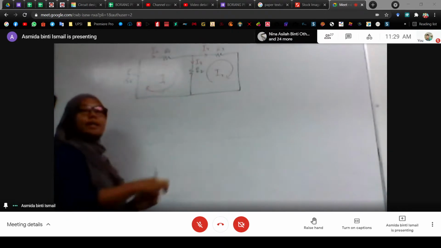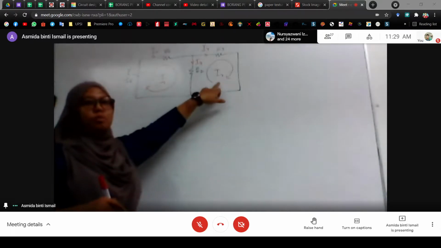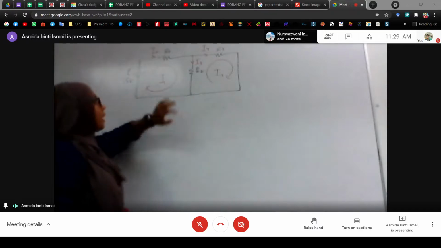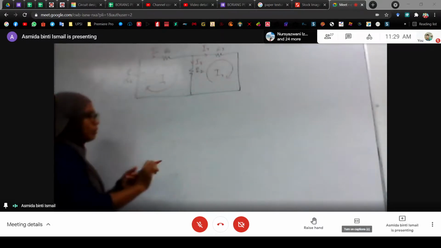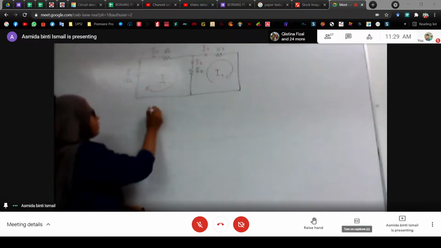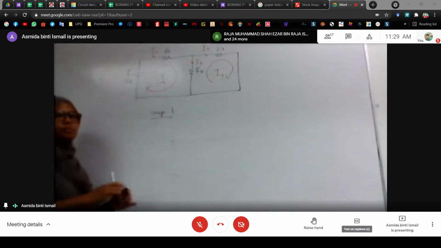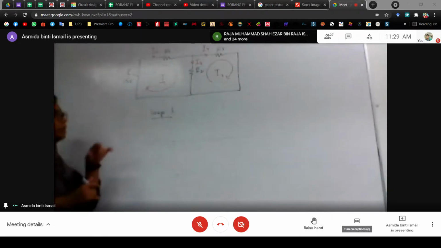It refers to this is loop 1 and this is loop 2. So for loop 1, for this loop.